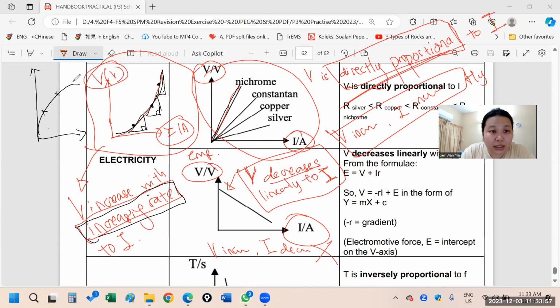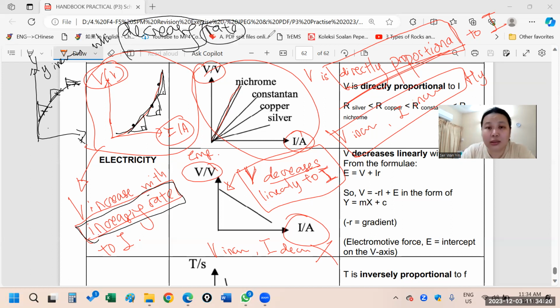In this one, we make 3 gradients. We'll find out the gradient decreases. So let's say this is y, this is x. We say y increases with decreasing rate to x. Rate means your gradient.